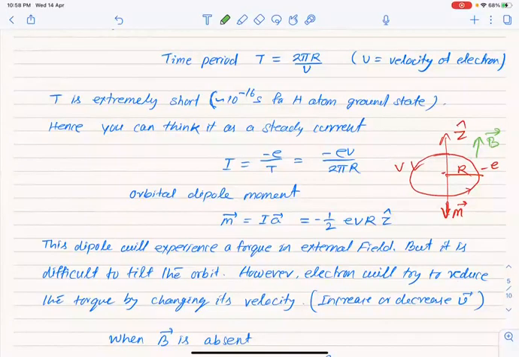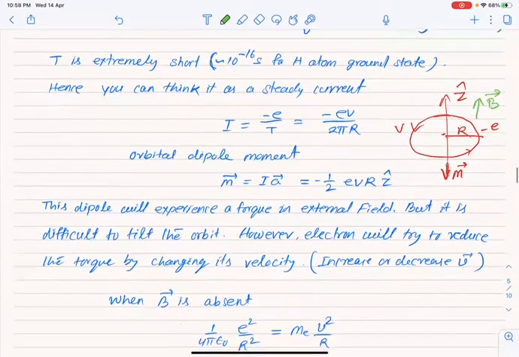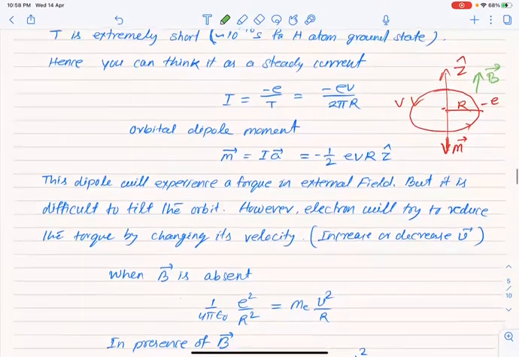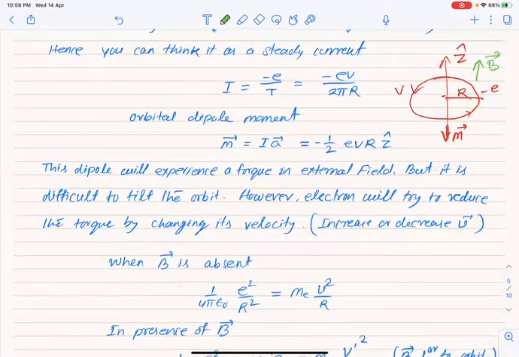With that, when there is no magnetic field, you can write the force balance equation like this. You have the Coulomb force balanced by the centripetal acceleration, that is your v square by r, right?